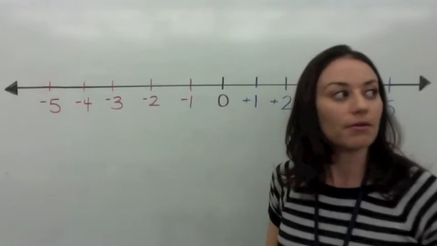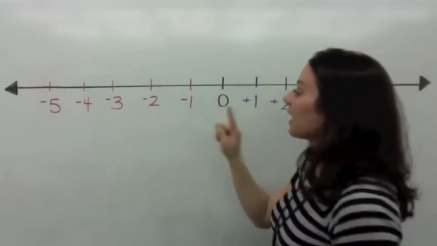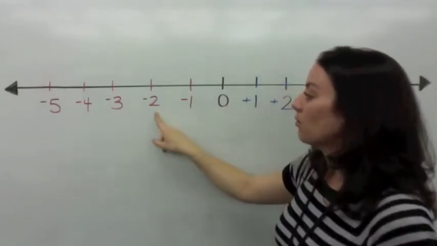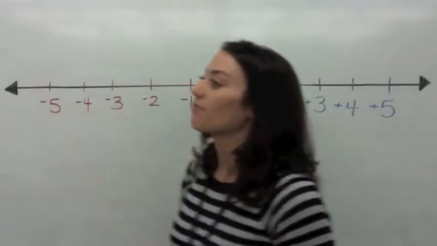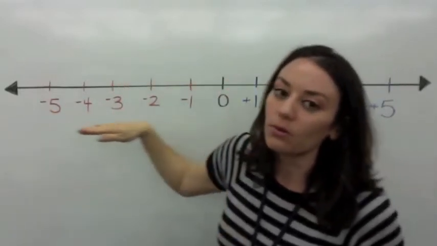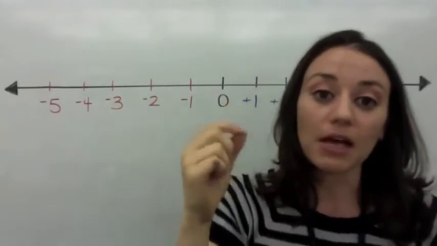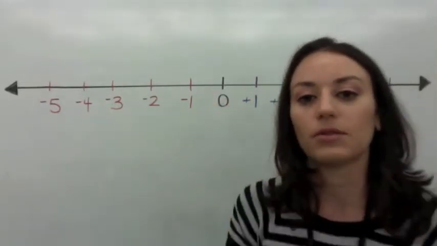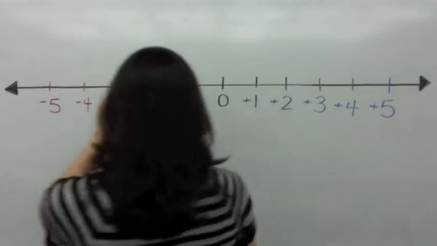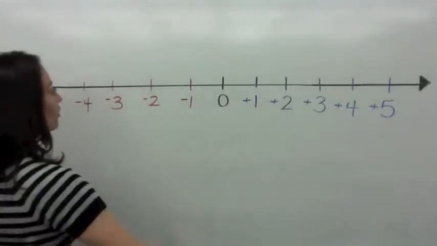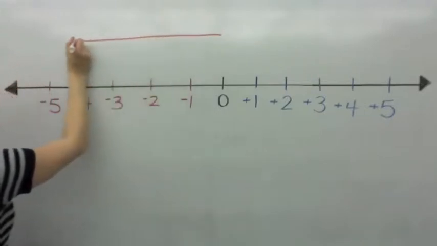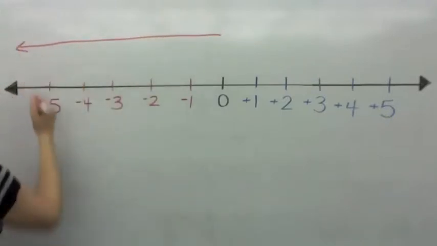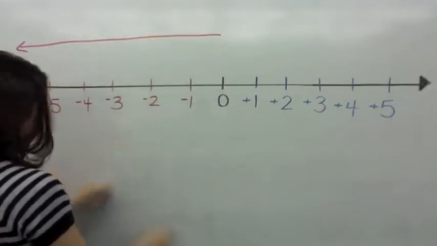Go ahead and count negative integers with me. Say -1, -2, -3, -4, -5. As you move farther away from 0, the numbers actually get smaller. So for today, what you need to remember is that when you move to the left, the integers are negative.